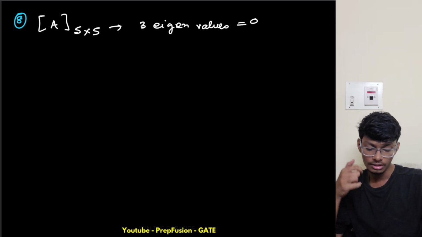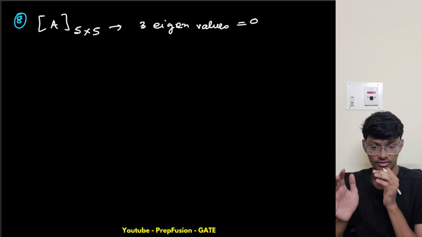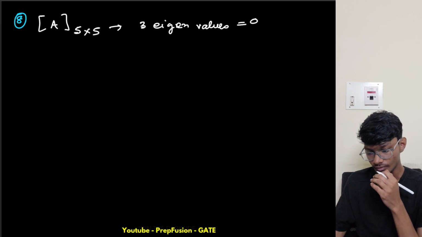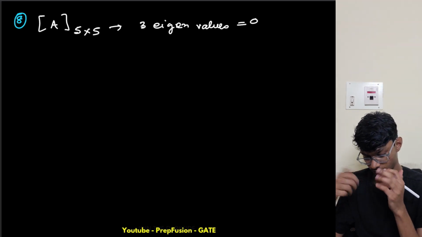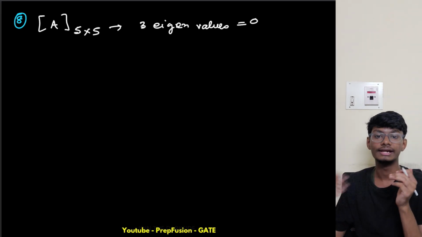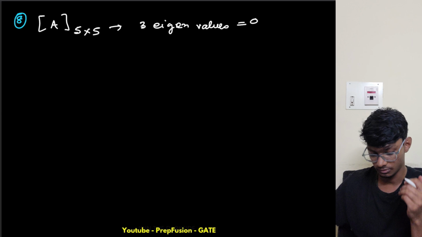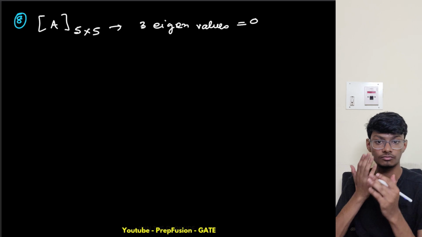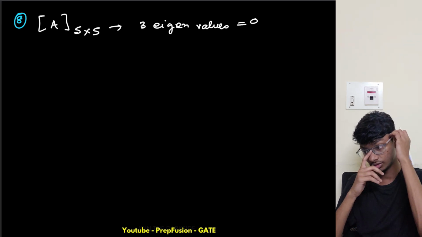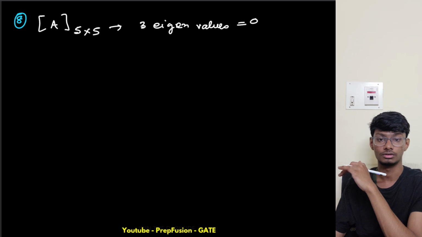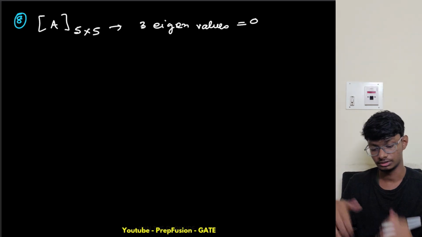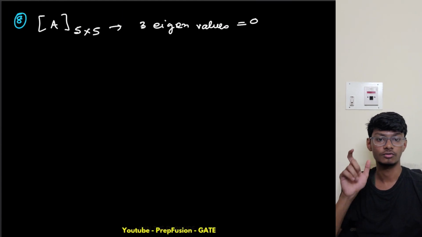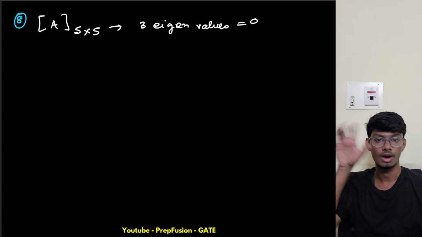Can you say anything about the rank of the matrix, or about the dependency and independency of the columns of the matrix? Tell me, if 3 eigenvalues are 0, then what will be the rank of the matrix? Or you can understand from space also, like what I told you in the first one: what span it covers. If 3 of my eigenvalues are 0, how much span can it cover?